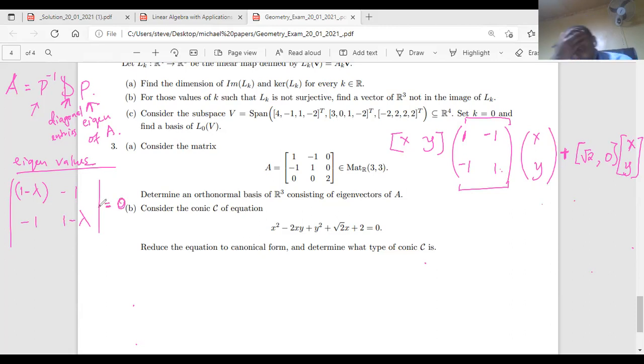Determinant, yes. So the determinant will be 1 minus lambda squared minus 1 equals 0. Therefore, 1 minus lambda squared equals 1.